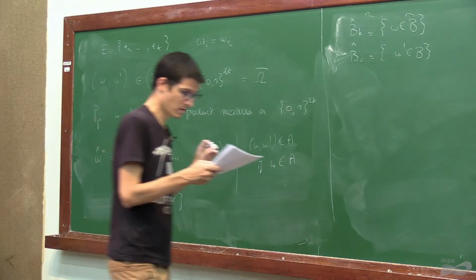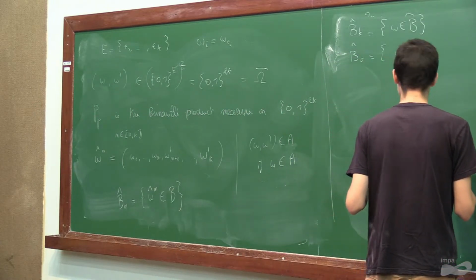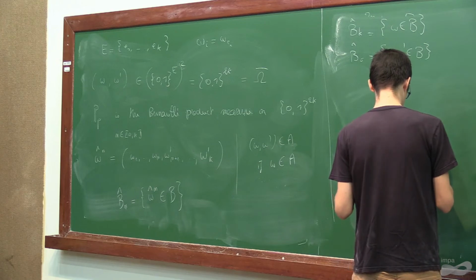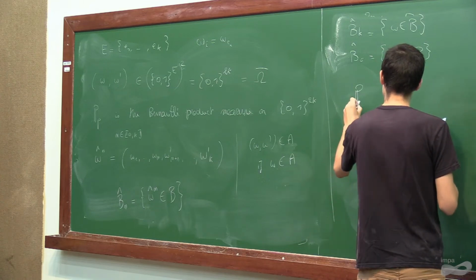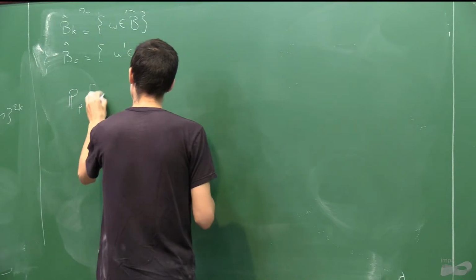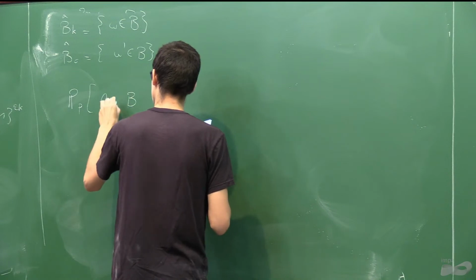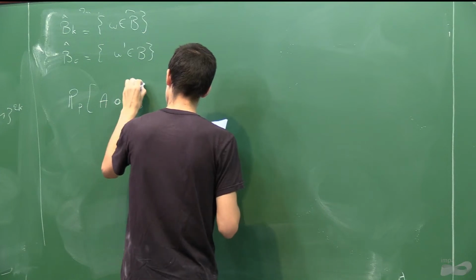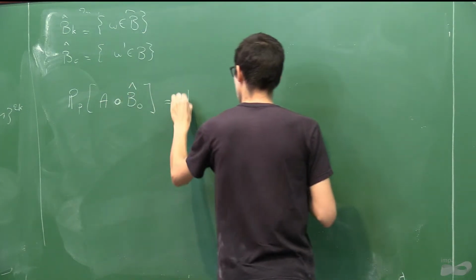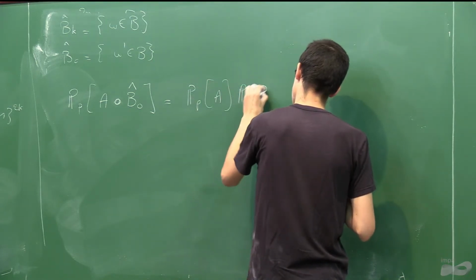So what we have in particular is that PP of A circle B0 is equal to PP A times PP B.